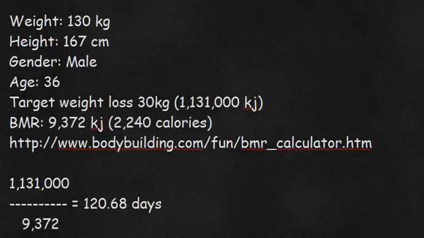So, in this model, we could leave it at this and say that it will take 121 days for our sample man to lose 30 kilograms. But that would not be safe for anyone to do.